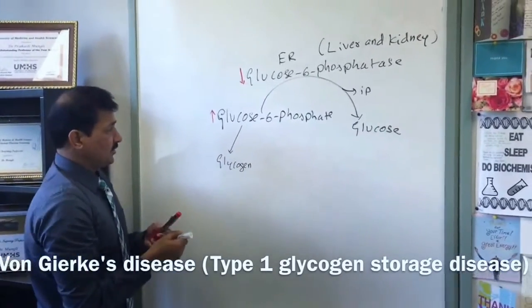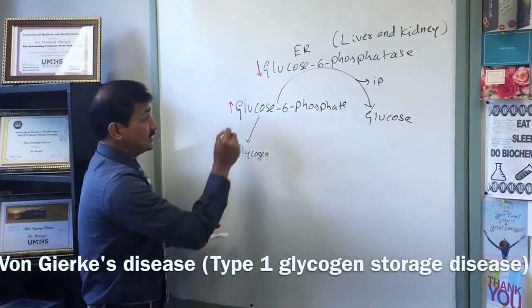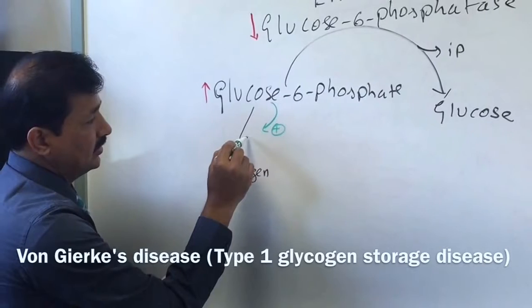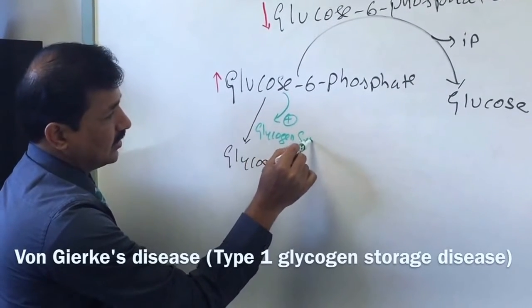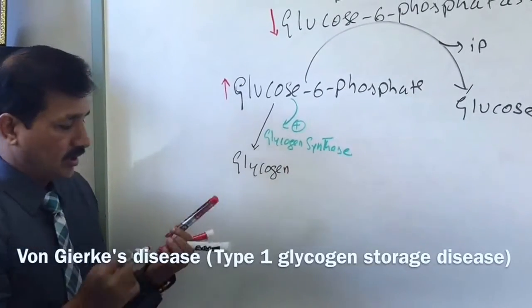So glucose 6-phosphate accumulates. This glucose 6-phosphate is going to stimulate the glycogen synthase enzyme. Glucose 6-phosphate has a positive effect on glycogen synthesis; the enzyme glycogen synthase is positively modulated.